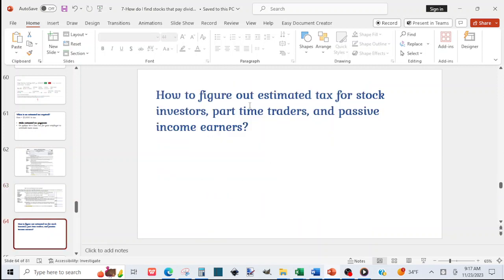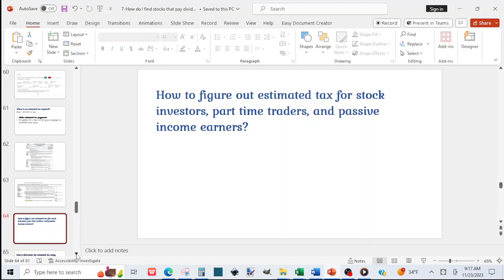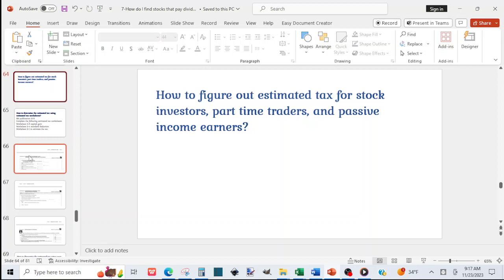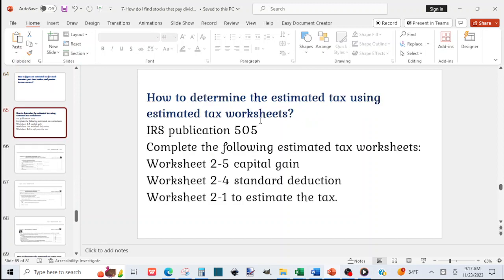So how to figure out estimated tax for a stock investor or part-time trader or on passive income? There are two ways to do that. We are going to quickly go through the first one and focus on the second one.